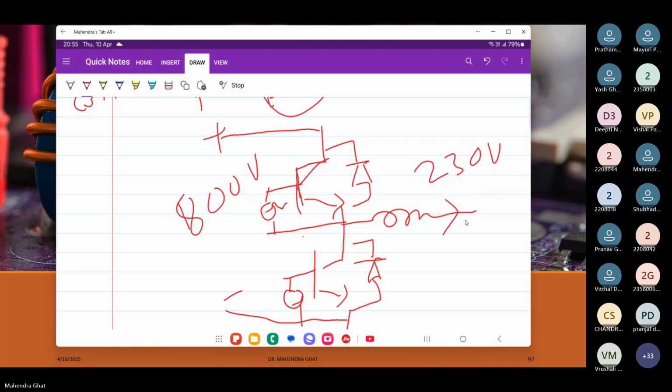So what is happening? This point and this point are not the same. Here you have 0 volt, and this point is almost a 400 volt potential difference.